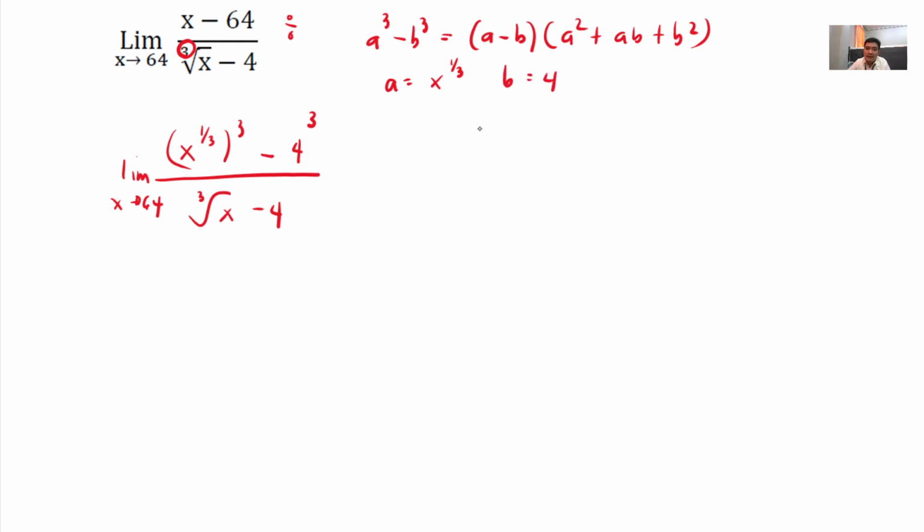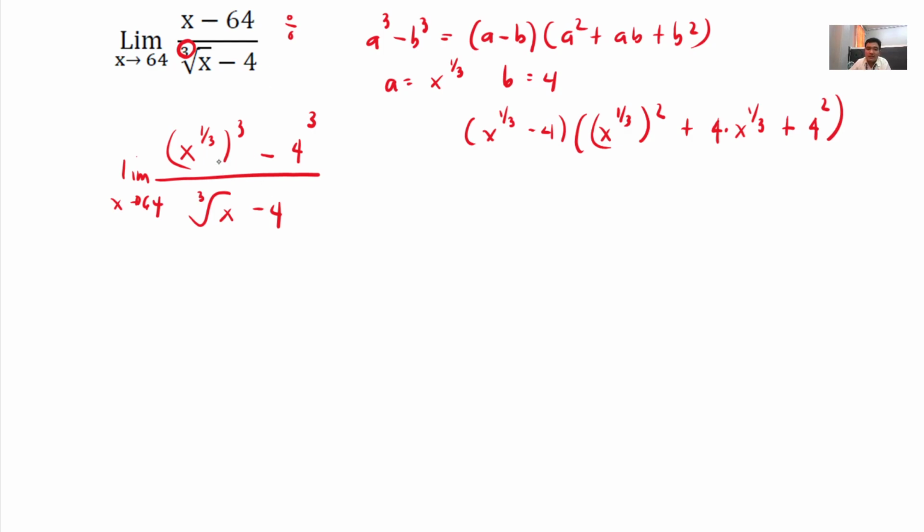So a minus b, that is x raised to 1/3 minus 4, times a squared, so x raised to 1/3 squared, plus ab, so 4 times x raised to 1/3, plus b squared. So 4 squared, anong 4 squared, class? 4 squared is 16. Okay?